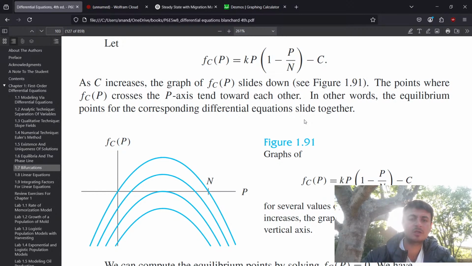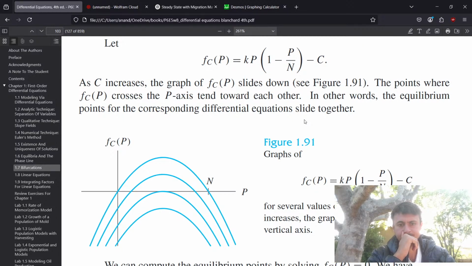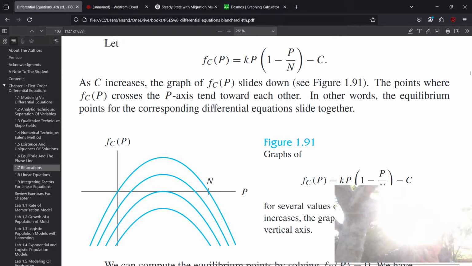The points where it crosses the p-axis tend toward each other.